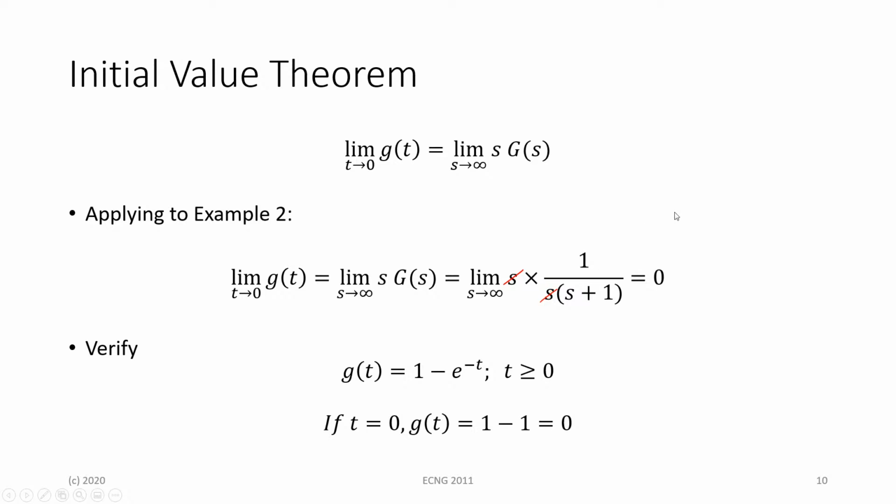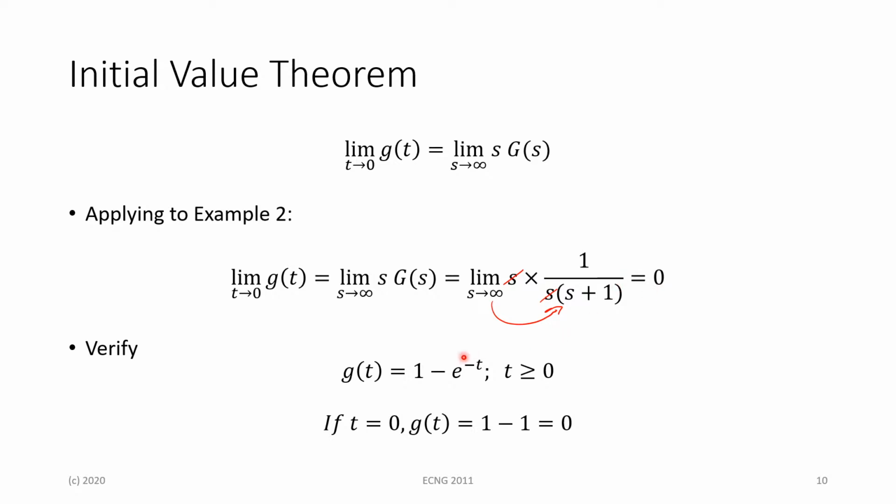Now we're left with the same condition as before when we were solving for the final value theorem. So we'll have limit as s tends towards infinity of 1 divided by s plus 1. If we substitute s equal to infinity on the denominator, we have 1 divided by some really huge number. For the limit evaluation, this entire thing would approach 0.